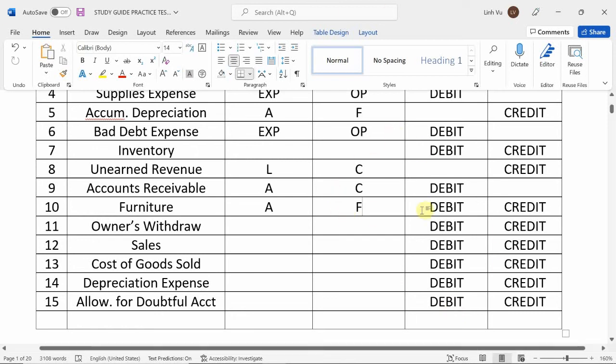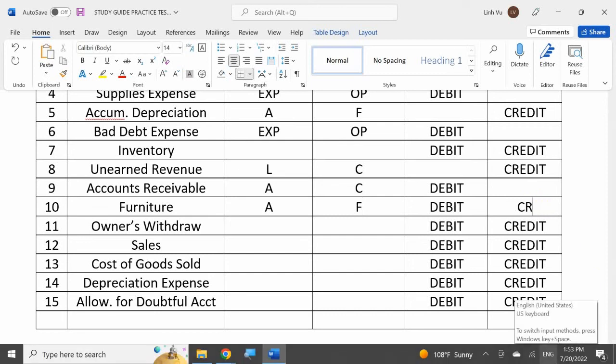So what kind of balance would this normally have? Debit. Yes, it will have a debit balance. What about owner's withdrawal? Equity. Yes, it is equity. Now, what kind of equity?